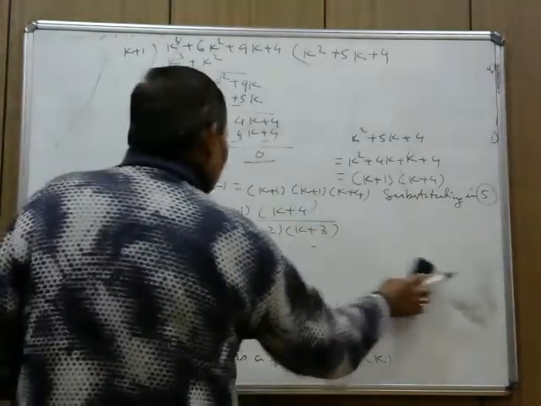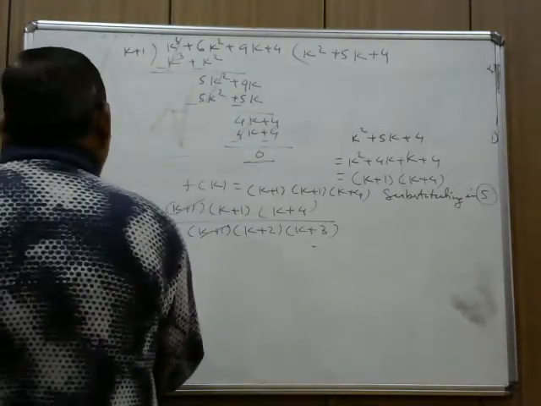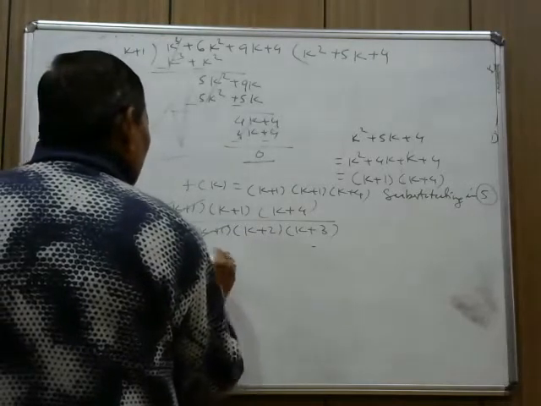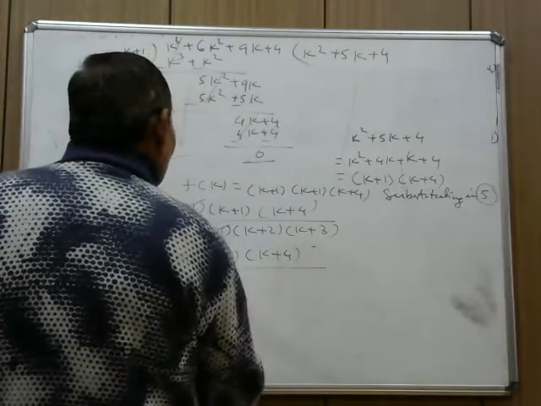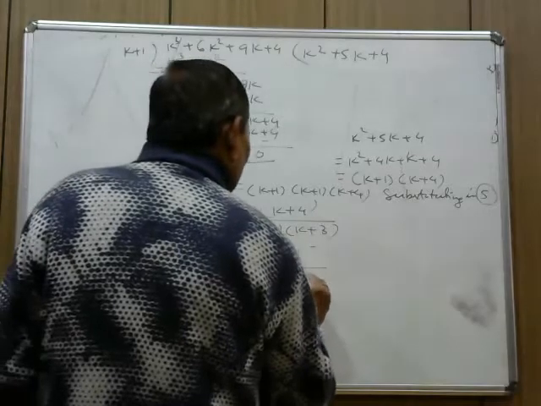So P of k plus 1 can be written as k plus 1 into k plus 4 upon 4 into k plus 2 into k plus 3.